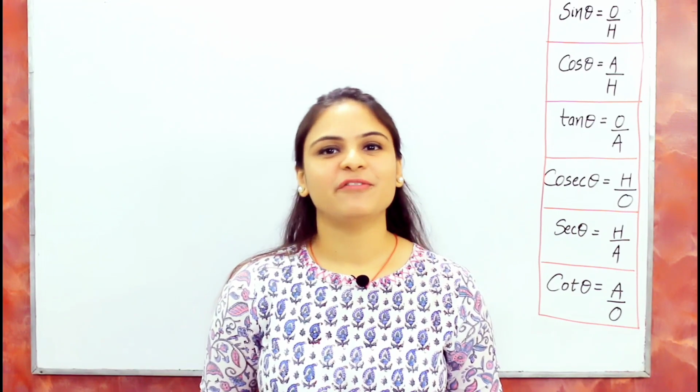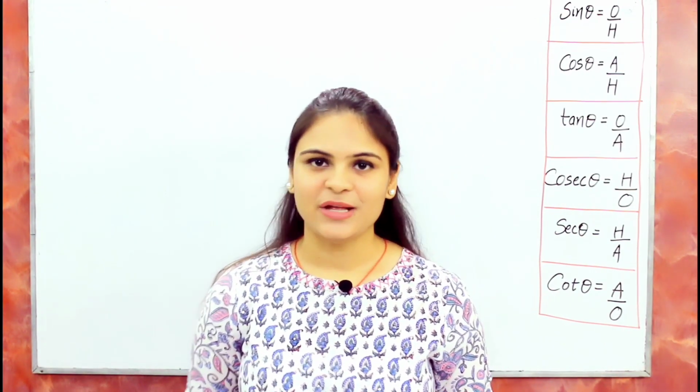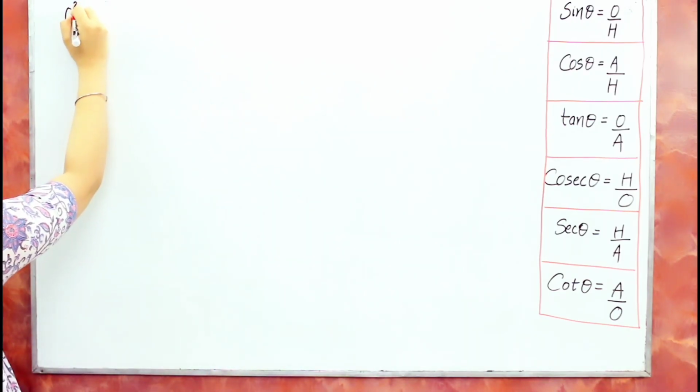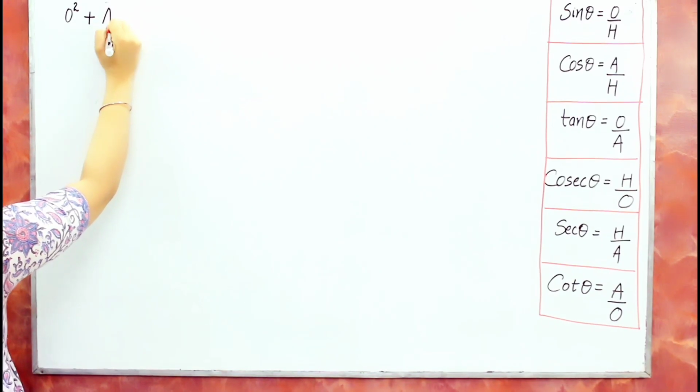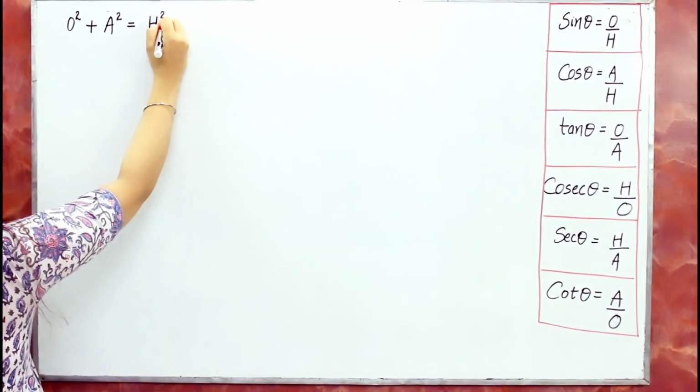So in this part, we will derive trigonometric identities using Pythagoras theorem. As we know, Pythagoras theorem is opposite side square plus adjacent side square is equal to hypotenuse square.